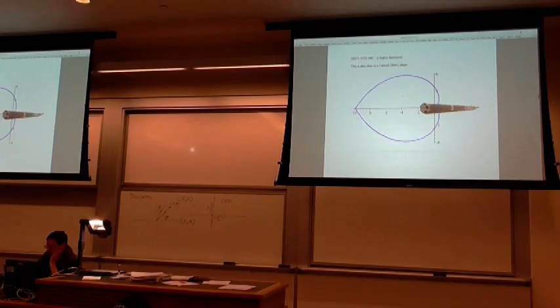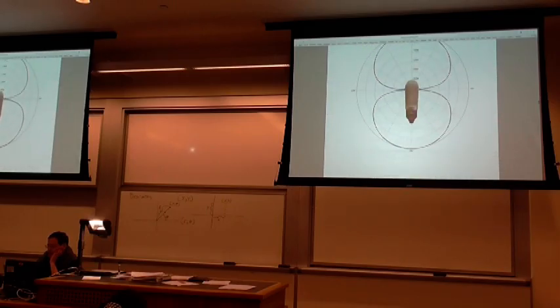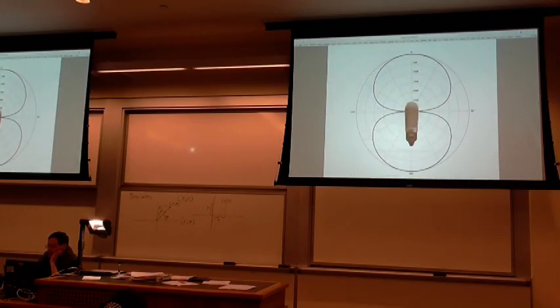Another application has to do with microphone technology. You have any sound engineers here? Okay, maybe someday. This is a plot for a particular microphone showing its sensitivity to different frequencies. And you can see we've got kind of a polar graph.